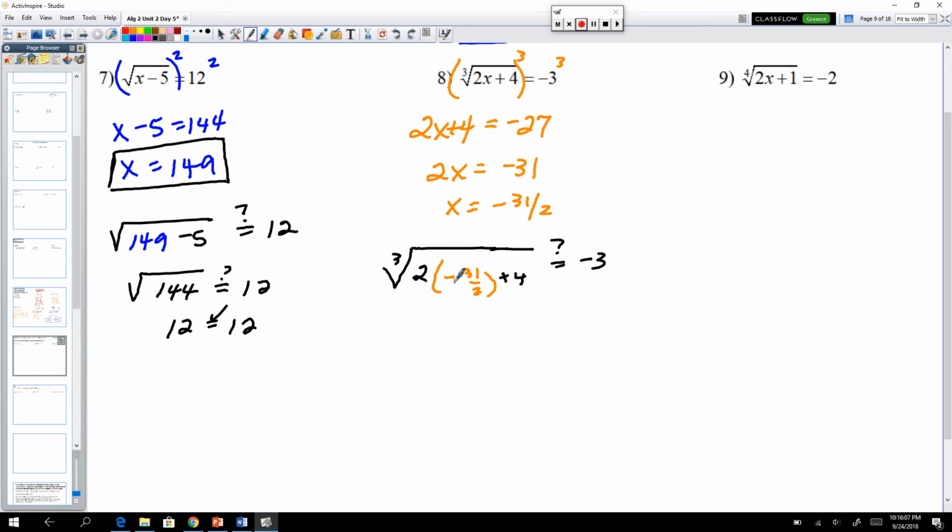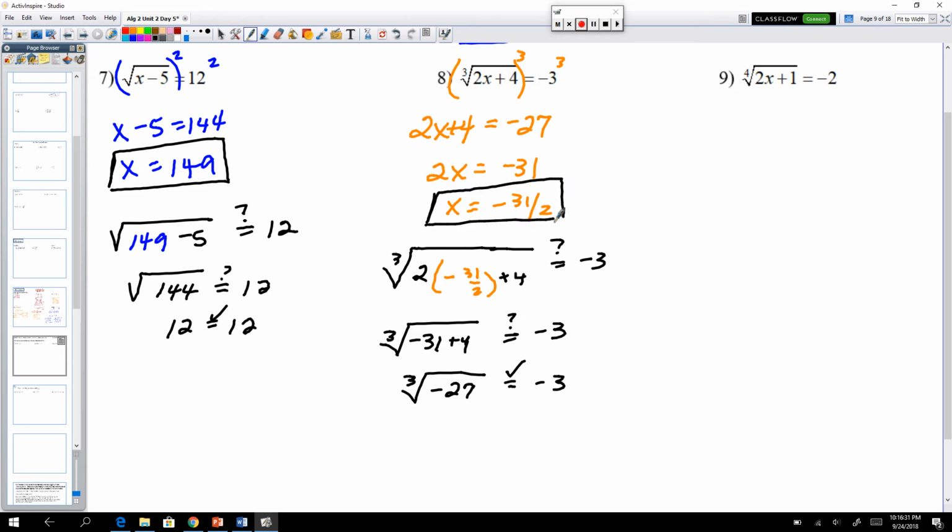If we multiply 2 times negative 31 halves, that's just negative 31, because the 2's cancel. And if we combine negative 31 and 4, we get negative 27. And the cube root of negative 27 is, in fact, negative 3. So we have checked it, it works, and we'll go back and we'll circle this as our root, or as our solution. It's not extraneous.